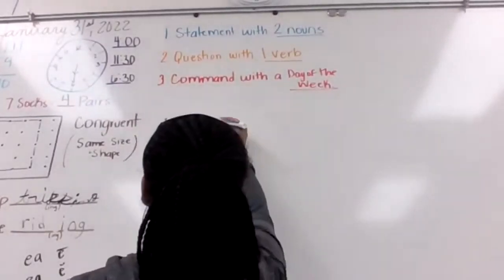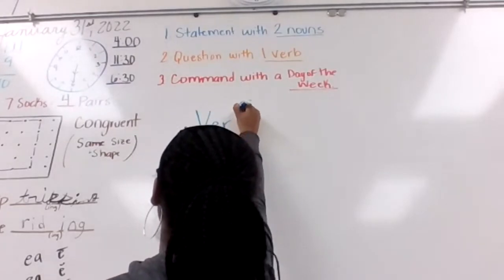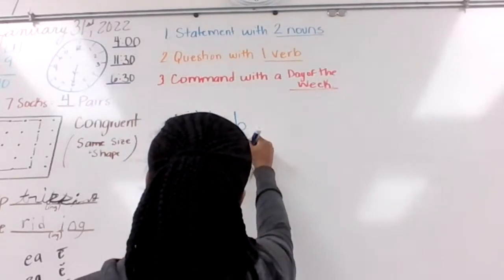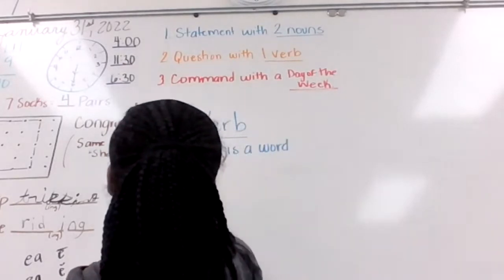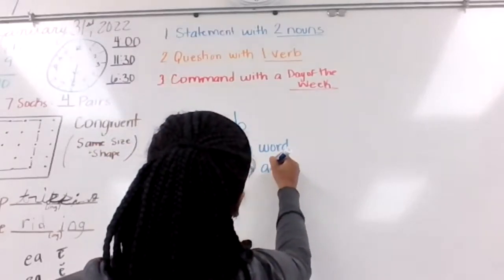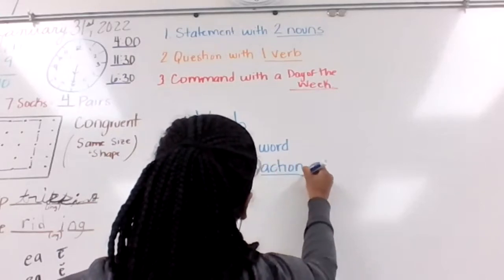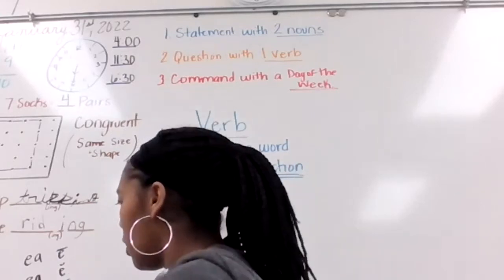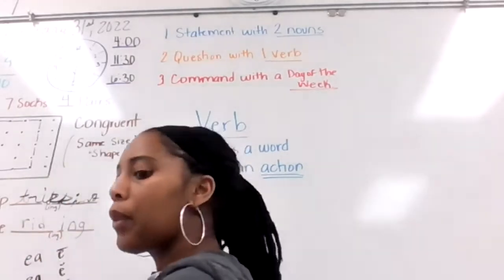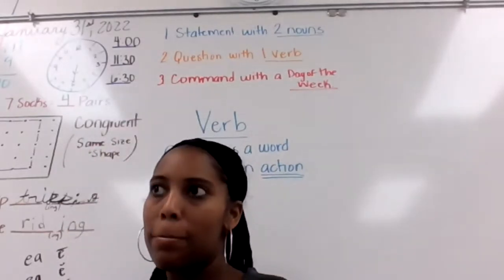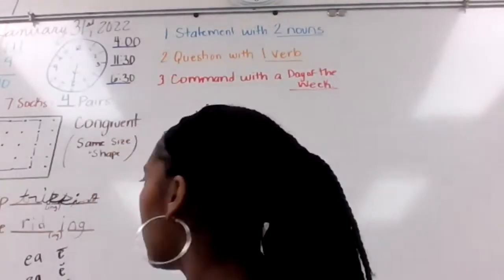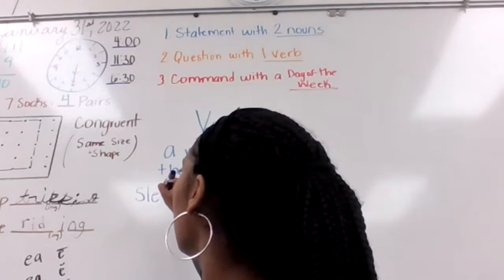All right, so let's remember, what is a verb? A verb is a word that does an action. Good. Verbs are action words. What are some examples of actions that we discussed last week? Sleep. That's an action. Good.